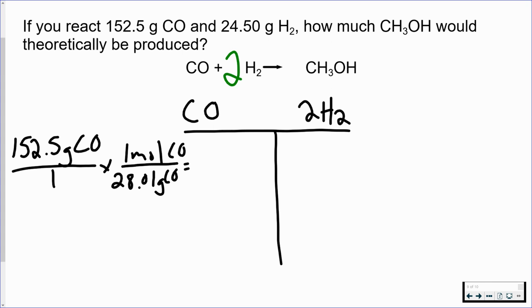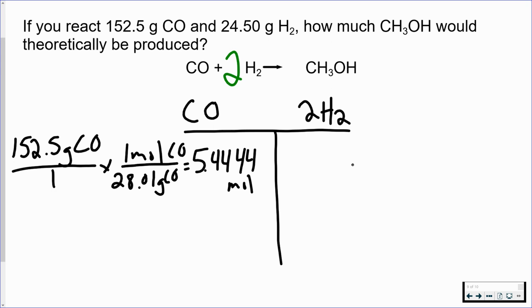When I do a T-chart, I like to keep five digits inside of my T-chart. All of the values that go inside the T are going to be moles. When you take 152.5 and divide it by 28.01, you get 5.4444, and that's the moles of CO. That is how many moles you have of CO.